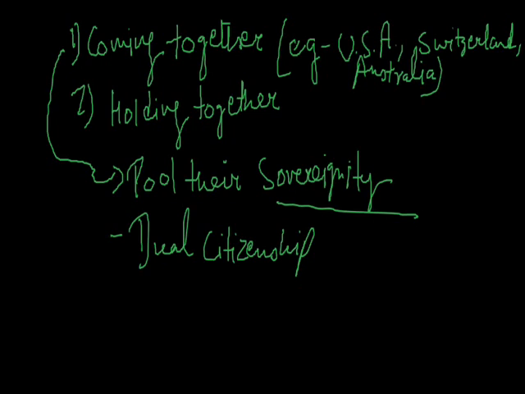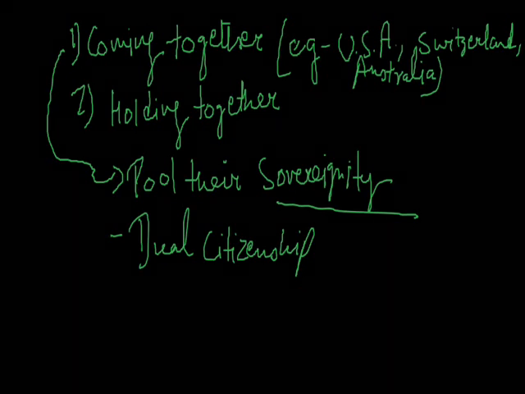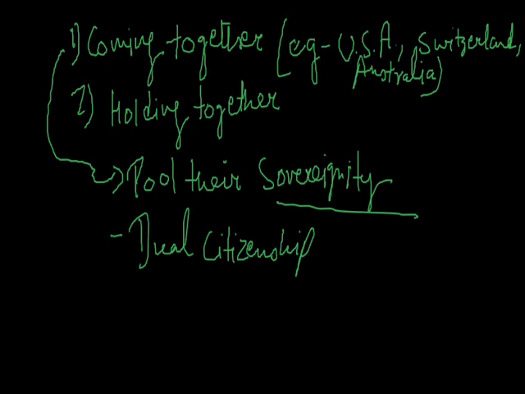In this, different states come together, they pool their sovereignty and identity. They pool their resources, meaning they combine their resources to form a bigger unit. In this way, their overall strength is increased, and when resources are combined, better use can be made of them.